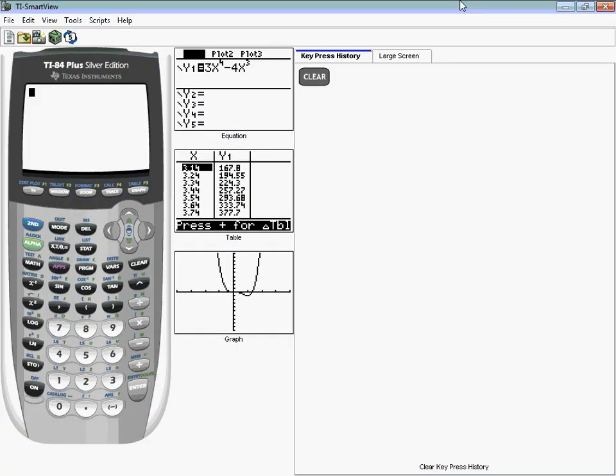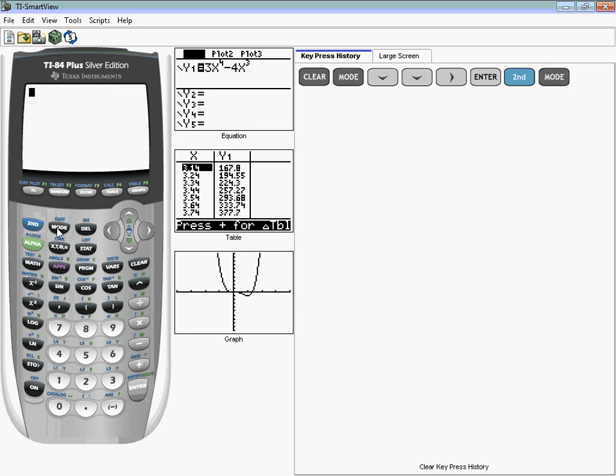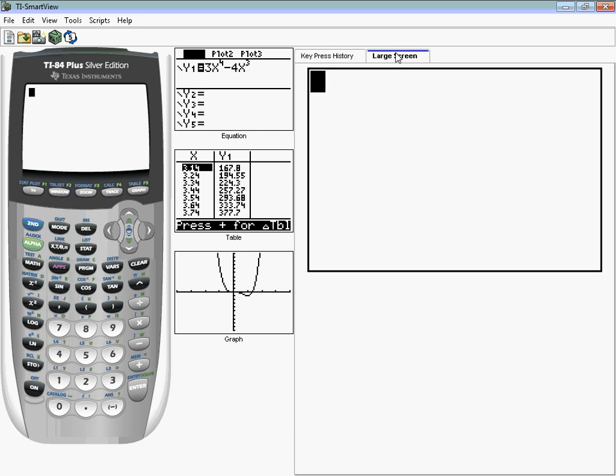All right, guys, so first, what mode should I be in? Degrees. I don't know that I am, so let me check. I am not. Okay, so, and then we'll make this, so you can see it. So guys, I'm going to key in 36 times sine of 120 all divided by 45, right?